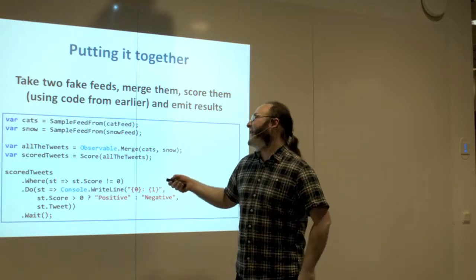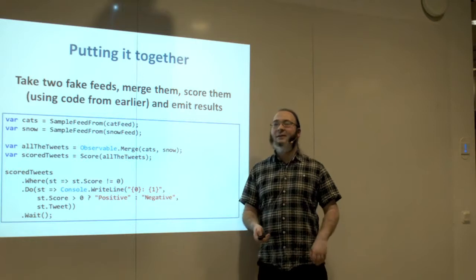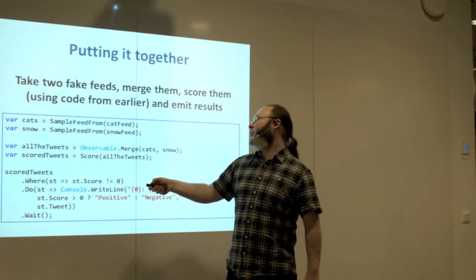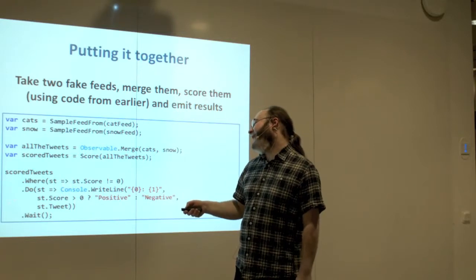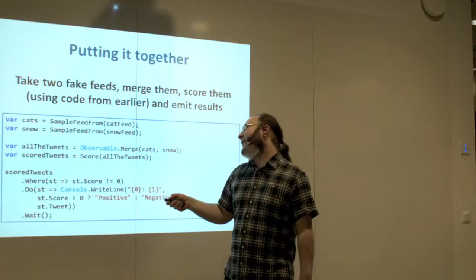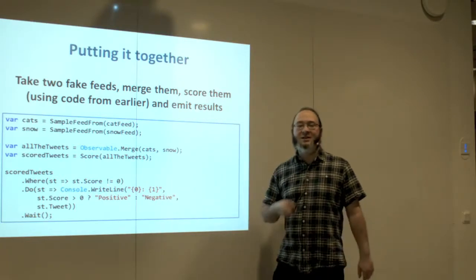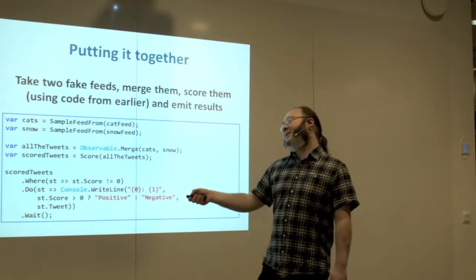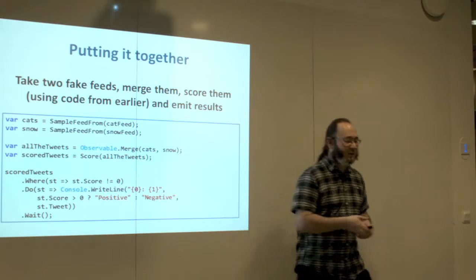So what I now have is scored tweets. Remember, score I wrote earlier, and here I get out an observable. Finally, we'll just do a where, and then this is just a little console application. Whenever I get an interesting tweet, that is one whose sentiment score is not 0, we'll say positive or negative and display the tweet.